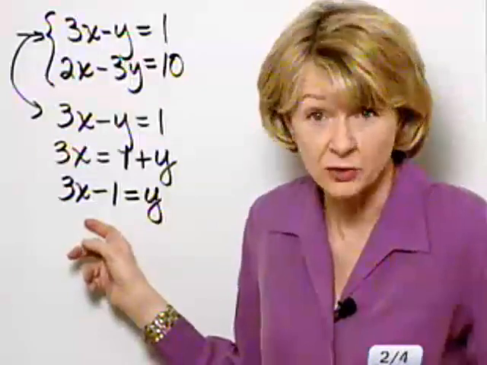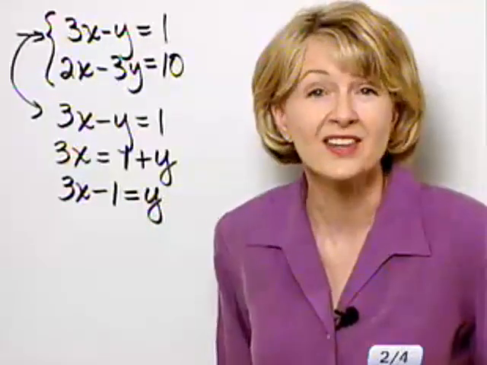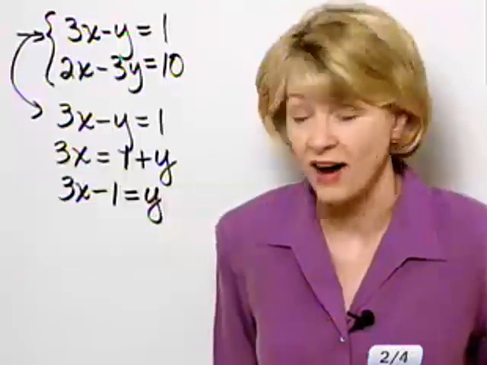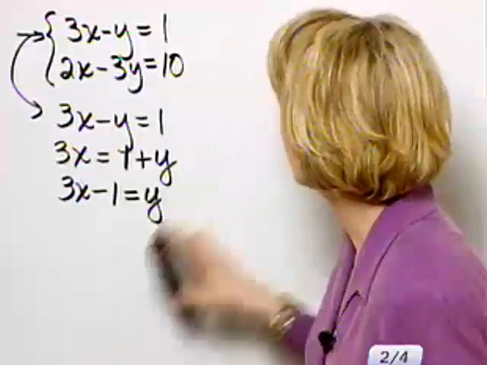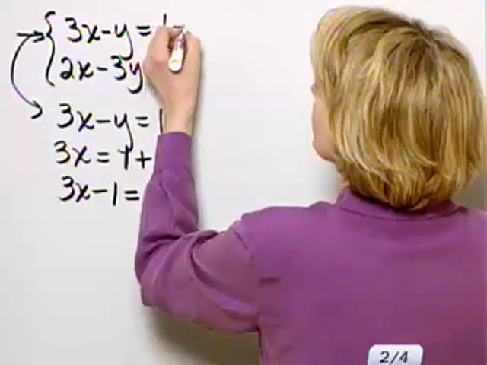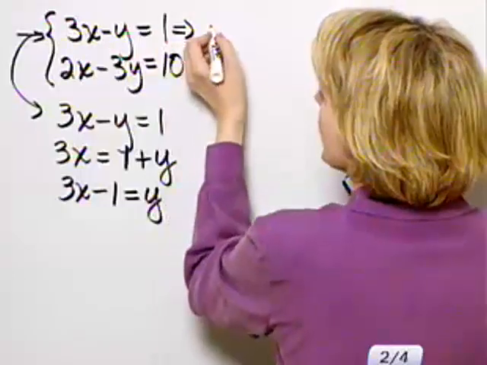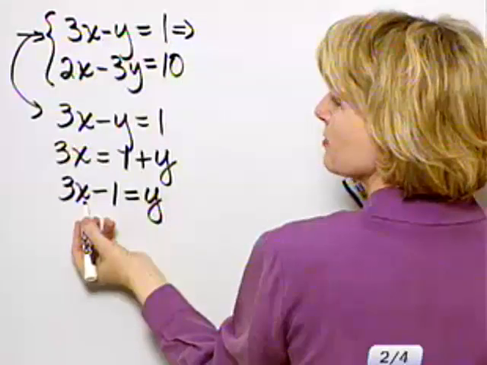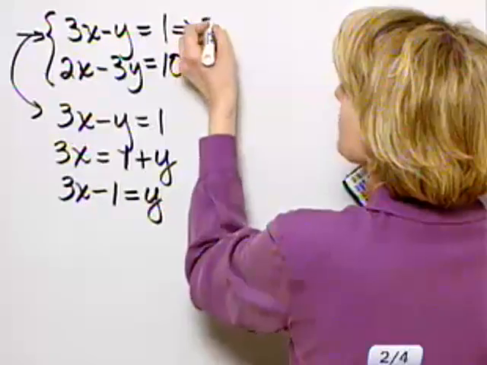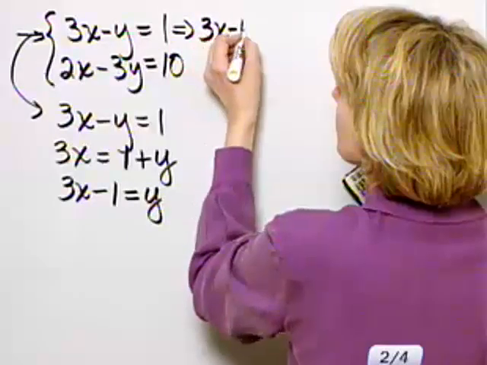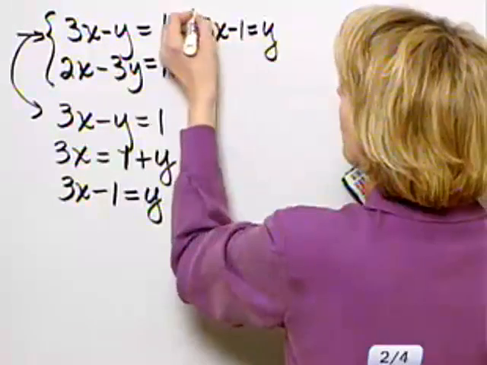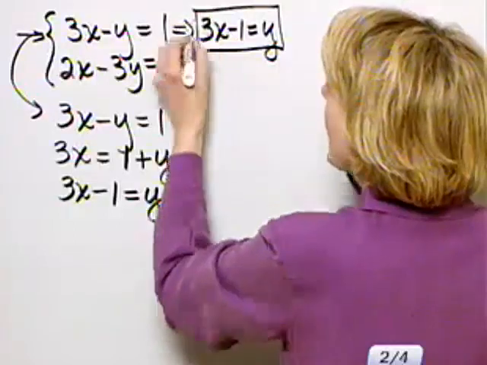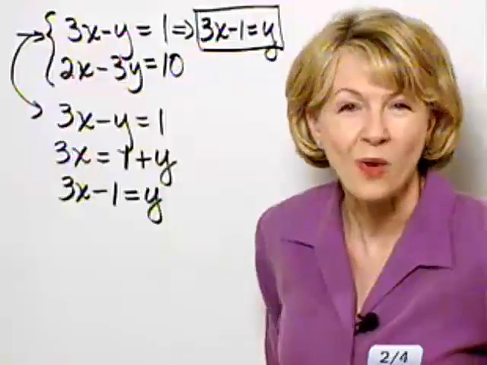However you want to do it, I have this equation solved for y. So let me write it off to the side. Y is 3x minus 1. I've solved that equation for y.